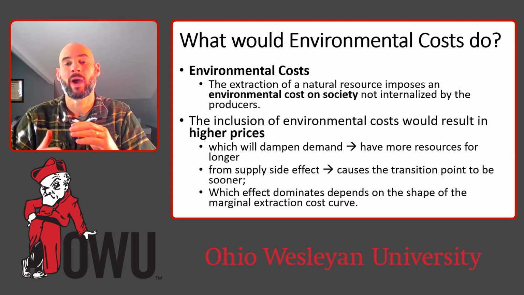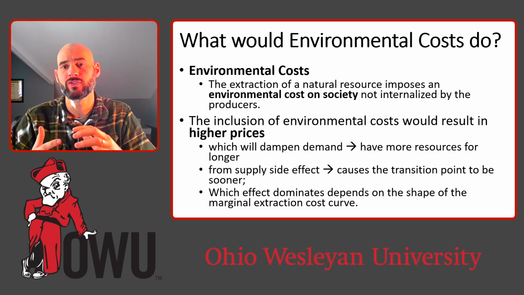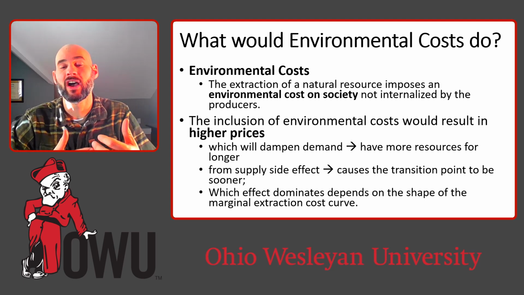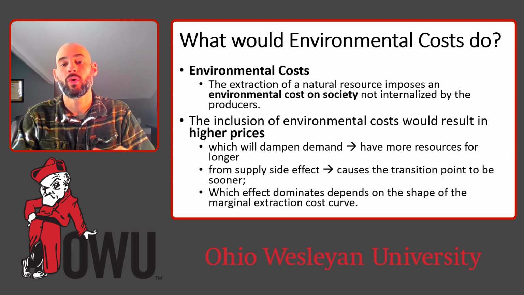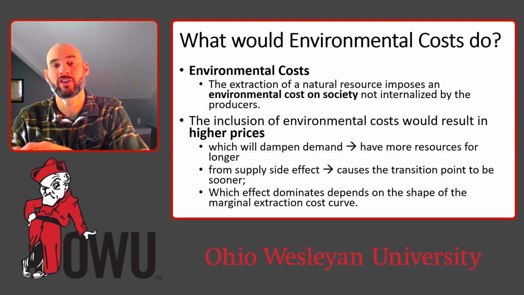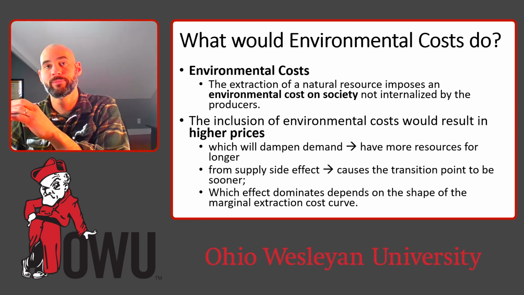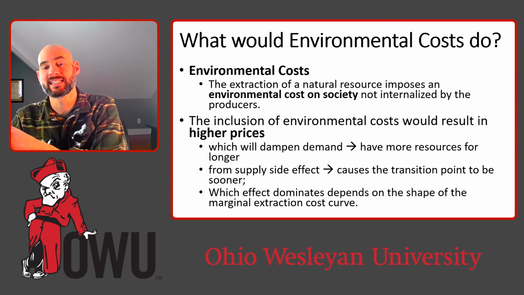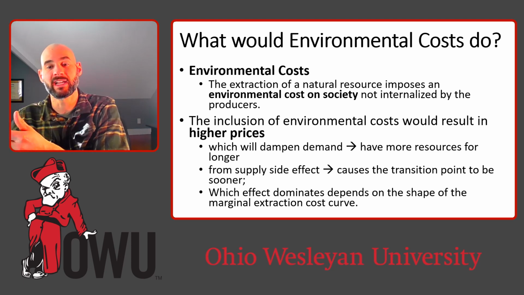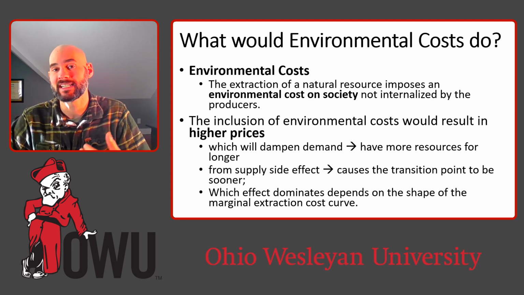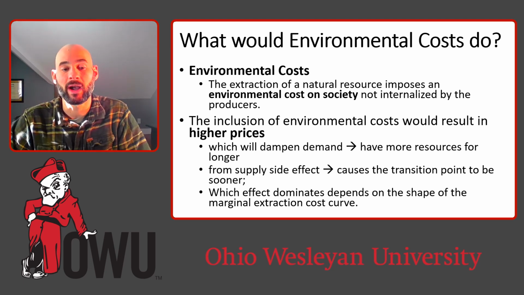And so whether the inclusion of environmental externalities is going to lead to a longer duration of keeping the resource, by keeping more of it in the ground, or an earlier transition to a renewable resource due to the switch point being accelerated by the total marginal cost being higher, is going to depend on the shape of the marginal extraction cost curve and whether that's constant or increasing as well.